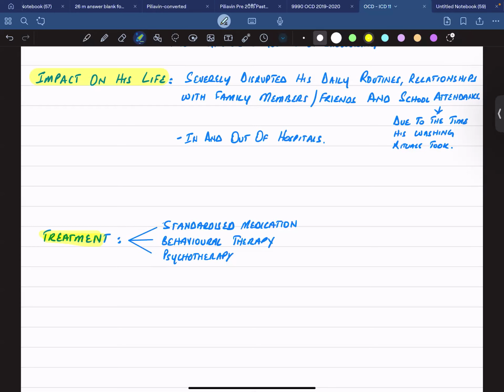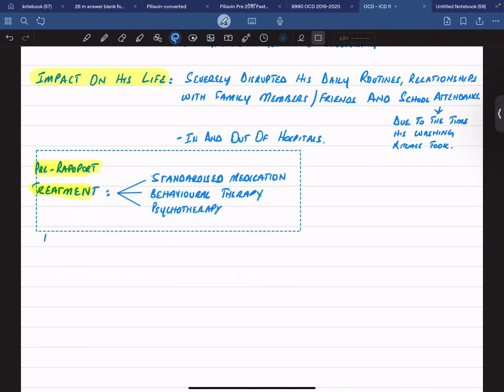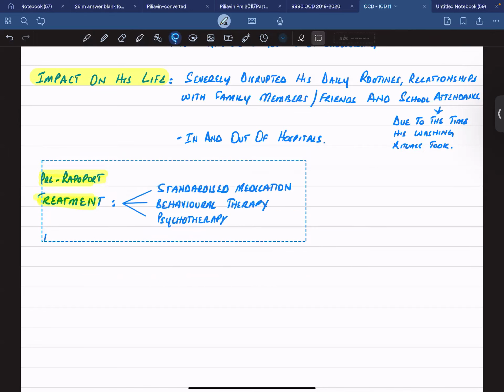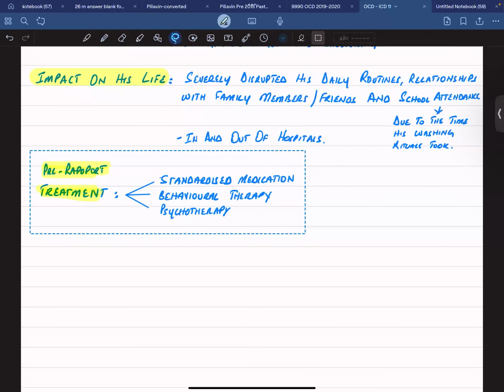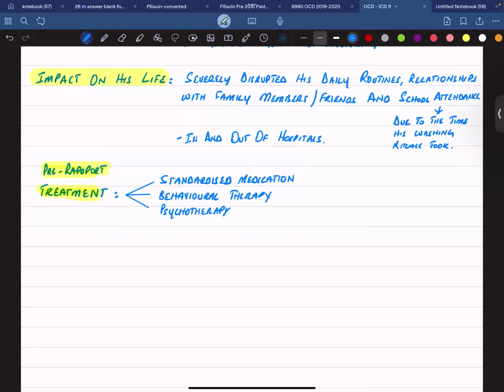Now, despite these initial treatments, rather say pre-Rappaport treatment, I'm just writing this so that you know what part I am referring to. So if we talk about these pre-Rappaport treatments, this young boy did receive standardized treatments that included medication, the use of medicine. There was behavioral therapy involved, as well as psychotherapy.